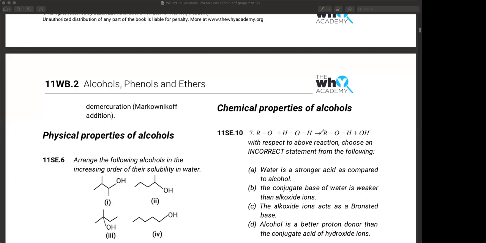So water से एक H plus निकाल के OH minus will basically be the conjugate base of water. Is this weaker than alkoxide ions? So you have to compare OH minus with RO minus.